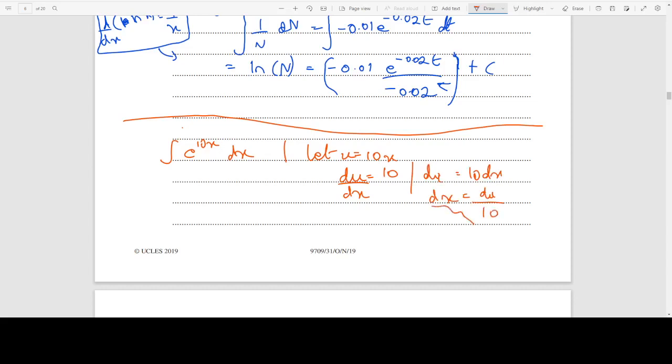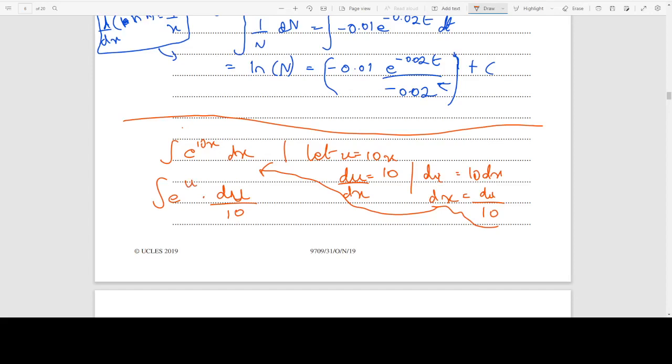So we'll just substitute dx equals du upon 10 in this equation. So we get the integration of e raised to 10x, du upon 10, and 10x was actually u, so we can just write this as e raised to u du upon 10.